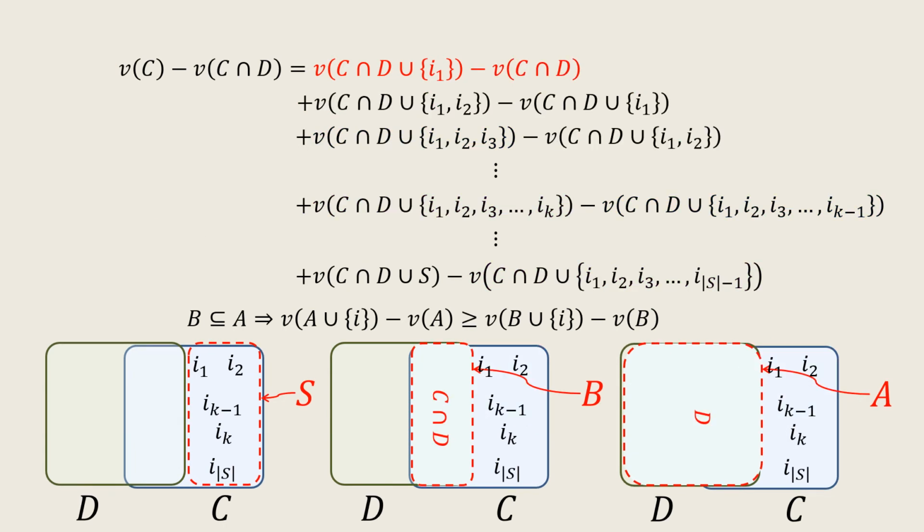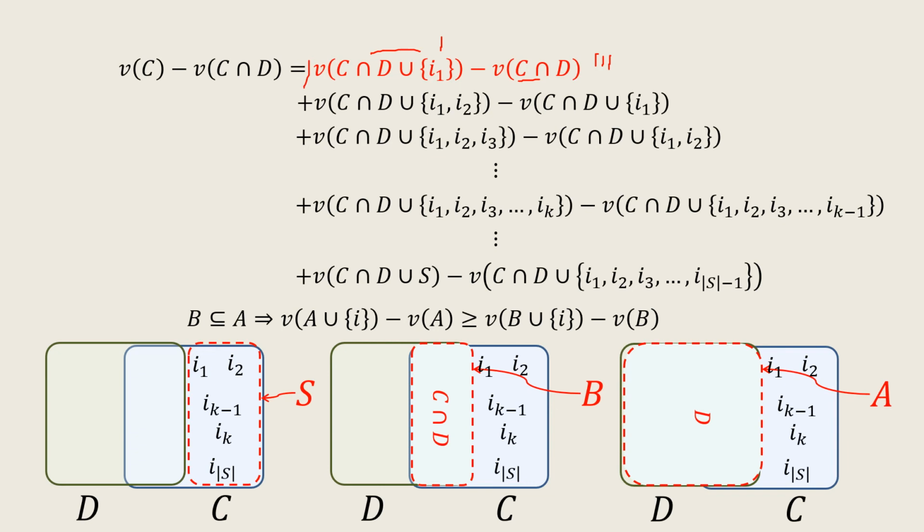Now what I'll do is I'll look at every pair of terms on this side. This is V(C intersection D union I1) minus V(C intersection D). This is also, you can recognize, the marginal contribution of I1 to C intersection D. These two terms I will replace with another term which is bigger than these two terms.